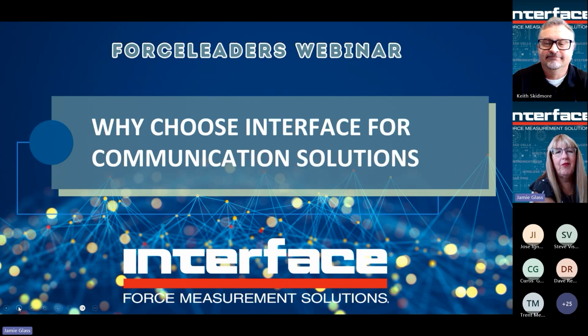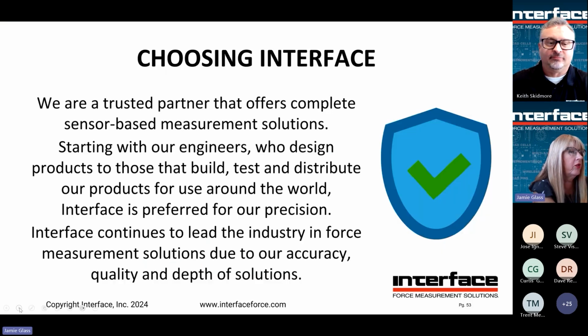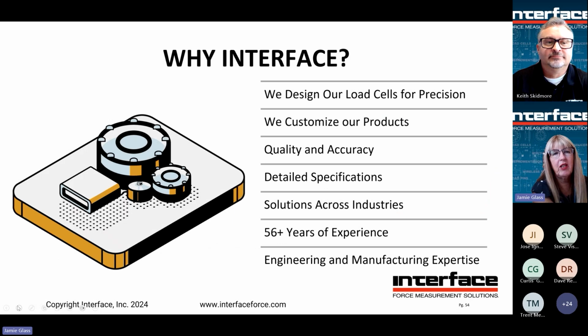If you are looking for why to choose Interface, well, we've been doing this for a long time, 56 years and counting. We build a lot of standard products that are available in our 35,000 product catalog, but we also do a lot of customization and we can do a lot of system configuration. So let us know how we can help you to meet your exact specifications.